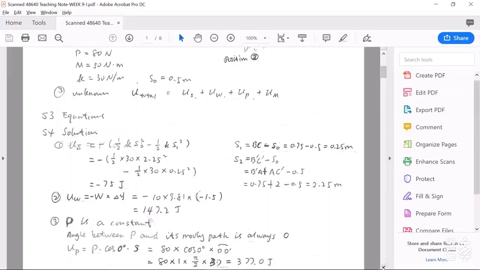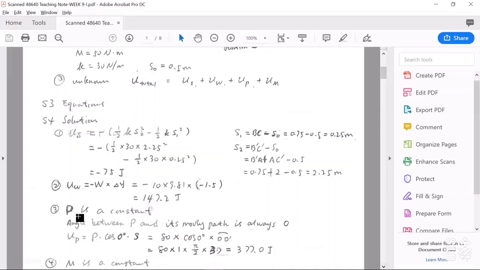So here we use this equation because P is the constant force, so we can use this equation. And here the angle theta is 0. S is the displacement, and this displacement is equal to the length of the arc D D prime.